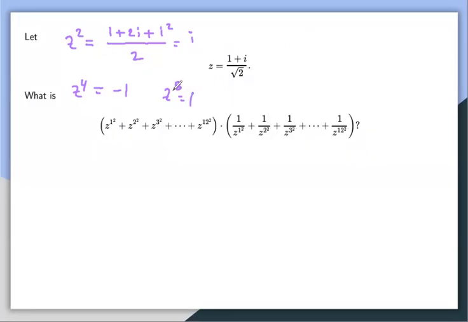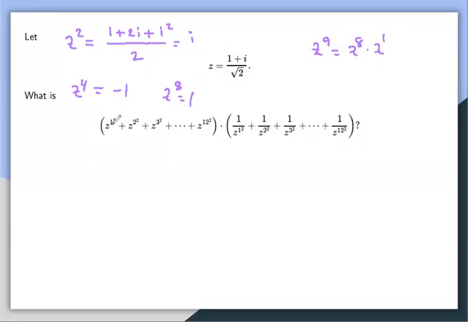So if I take z to the 9, for example, this is equal to z to the 8 times z to the first. So z to the 8 is 1, which means any power that is a multiple of 8 you can write as a product of two complex numbers, one whose power is a multiple of 8, the other whatever is left over, which will be useful.